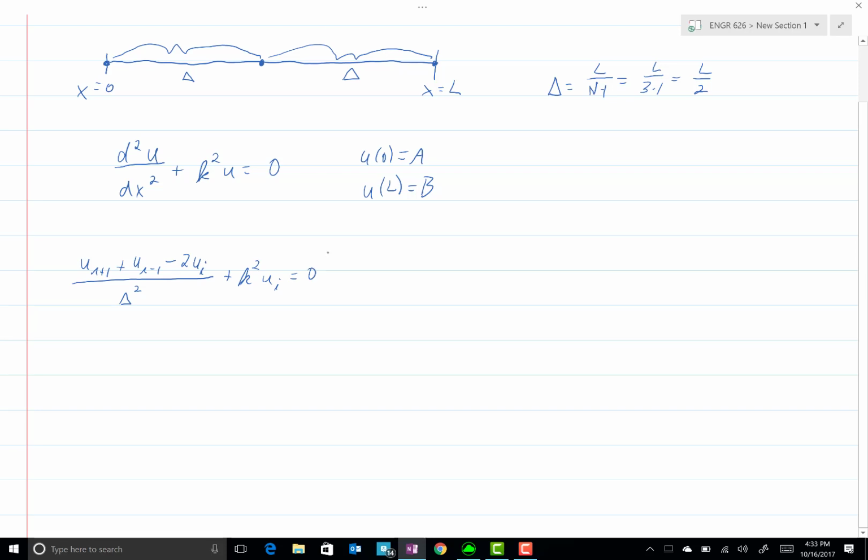That's what we get by enforcing this differential equation right here at node i, and then using the finite difference approximation for the second derivative.